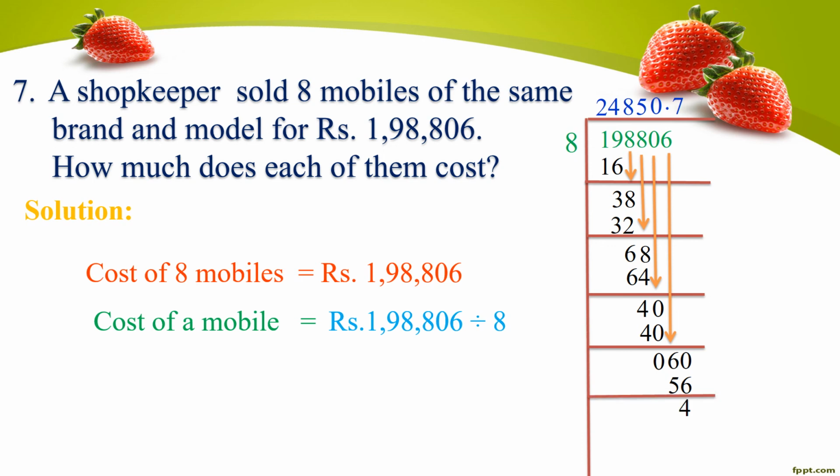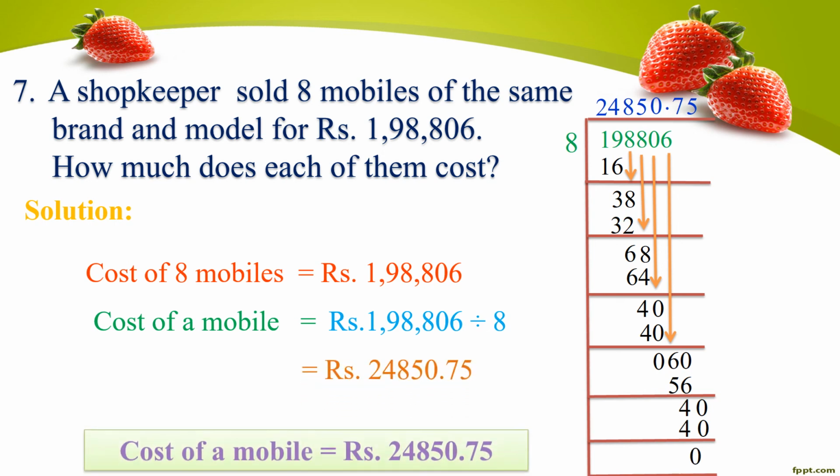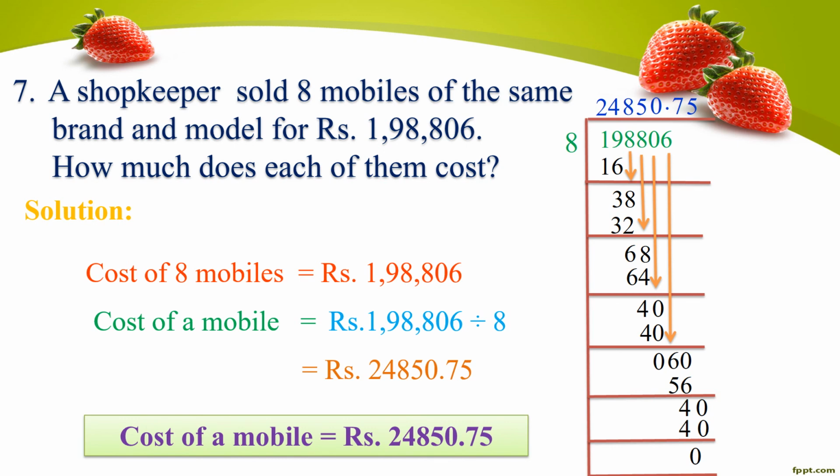On subtracting we get 4. Add 0 with 4, and we get 40. Now 8 5s are 40. The remainder is 0. So cost of a mobile is equal to rupees 24,850.75.